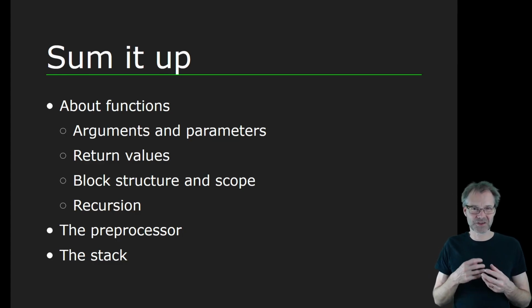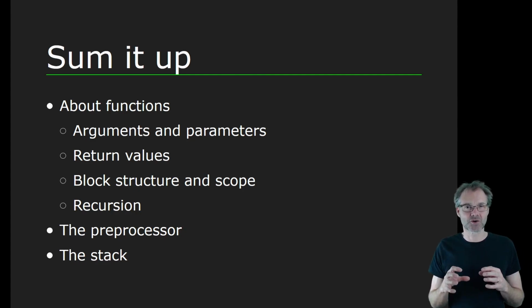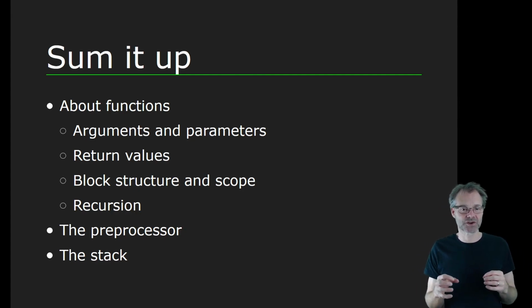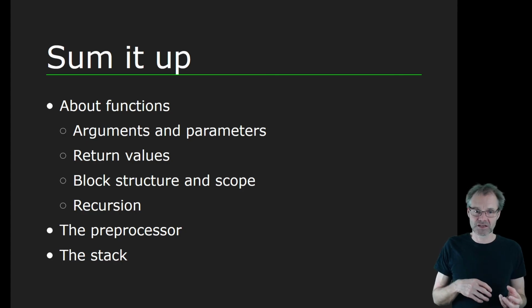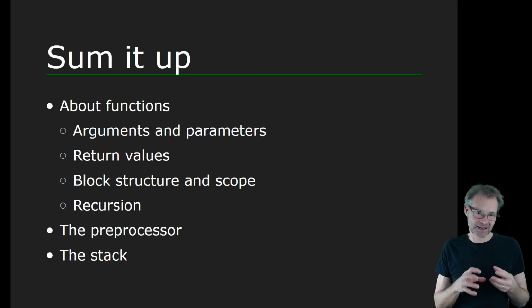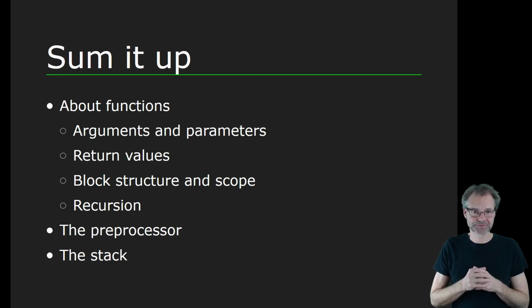We talked about scopes. We need to know how scope works. We talked about the block structure, block scope, function scope, and how different variable classes also relate to these scopes. We got an example of recursion, always nice to see that.